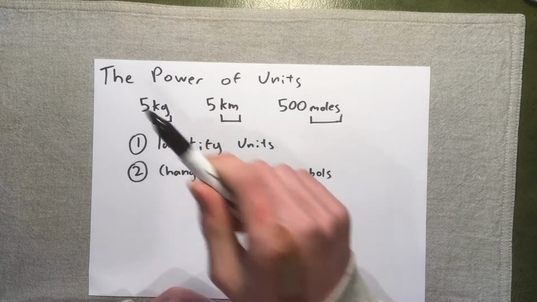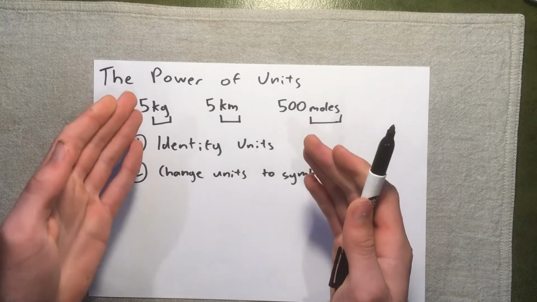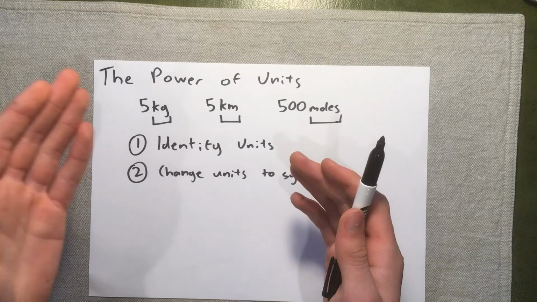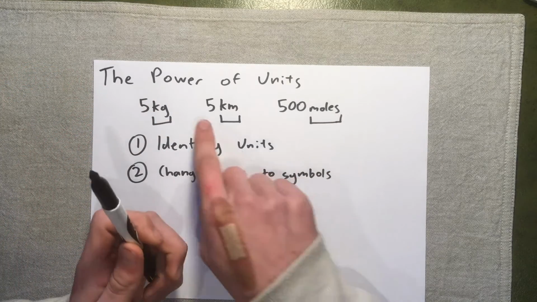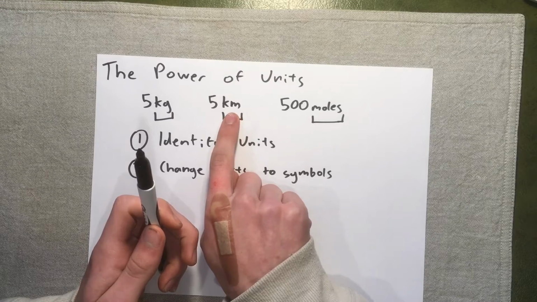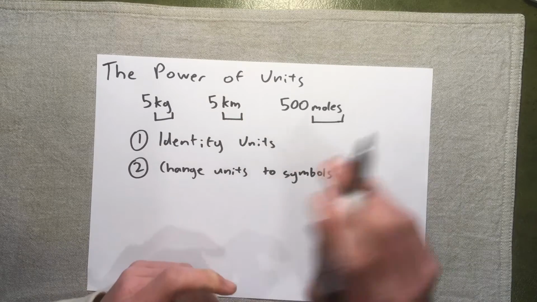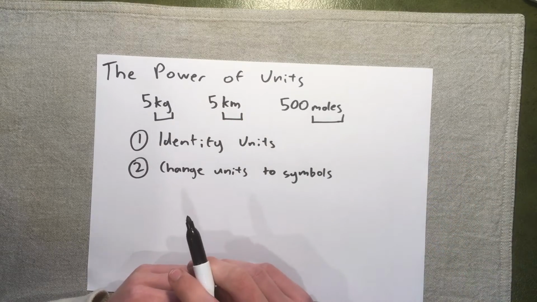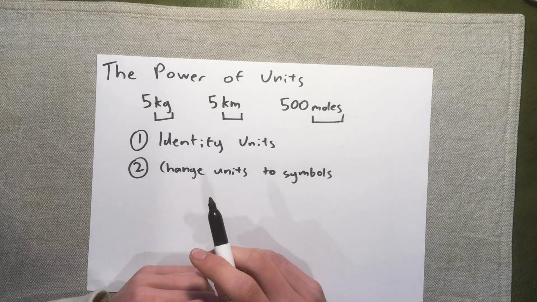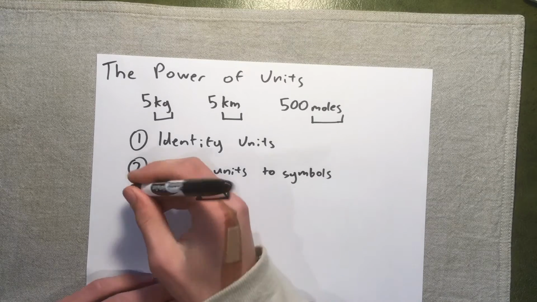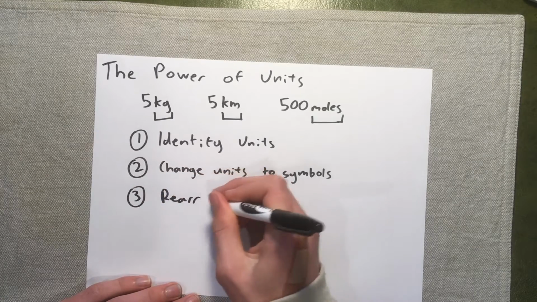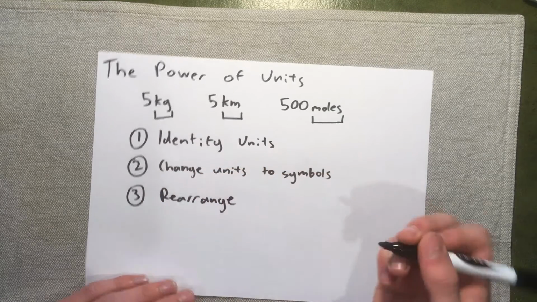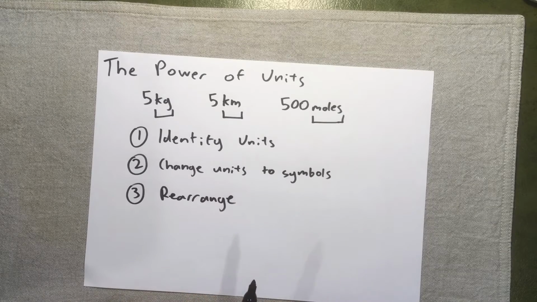So the idea of changing the units to symbols is, say, changing kilograms to m for mass. 5 kilometers, you want to change kilometers to d for distance, and so on. We'll do some examples later, and that will become more obvious. And the last step is to just rearrange, so you rearrange to make your formula look nice. So let's get into some examples.